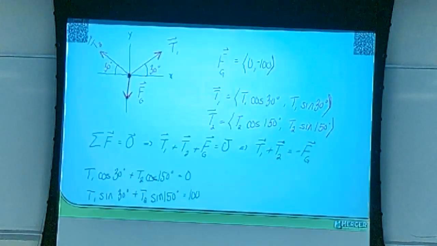What you actually find, that's not a difficult system to solve. Both tensions are 100 pounds.